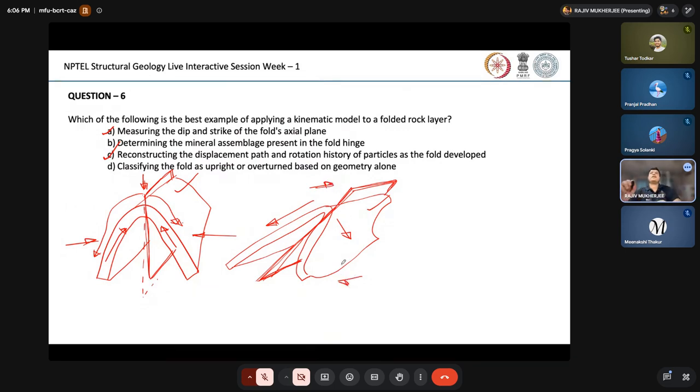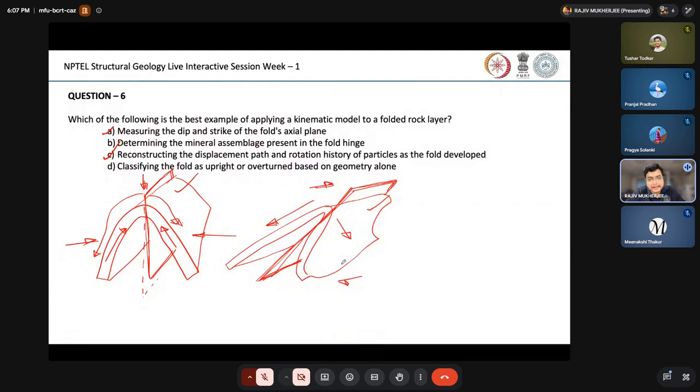Because for understanding the kinematics, or the motion of the particles, you always need a reference frame, right? Because you have to ultimately plot the thing in a 2D or even a 3D geometric coordinate. And what does a geometric coordinate mean? It means a reference frame.